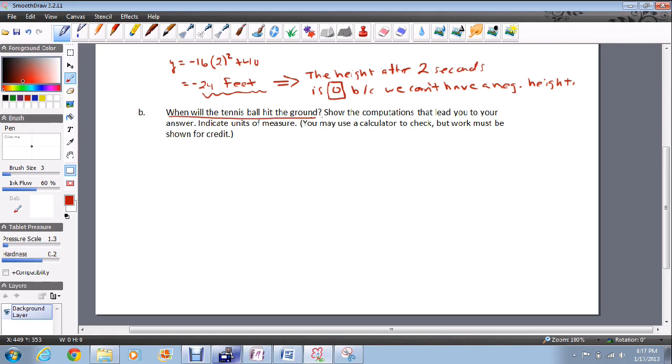So I'm going to use the y equation, but solve for t, because when it says when, I'm talking about the amount of time before it hits the ground. What's the height when it hits the ground? Well, the height is 0. So I'm going to write down my equation, and again, the y value is going to be 0 when it hits the ground.